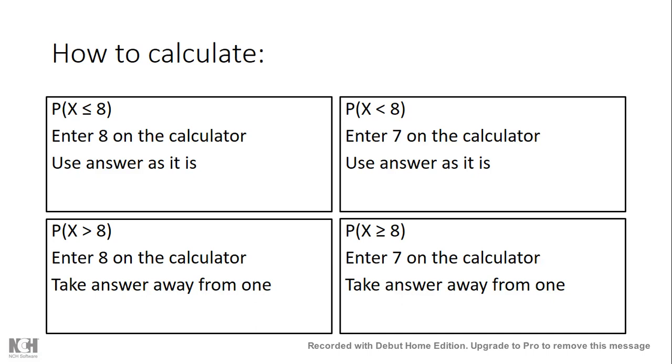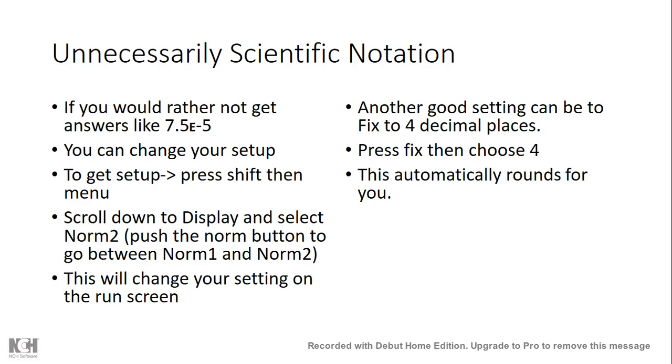Okay? Cool. There's one more thing I suggest you do when you're using your calculator. You will have it reset at the beginning of the test, and it won't necessarily be in the modes that you want.